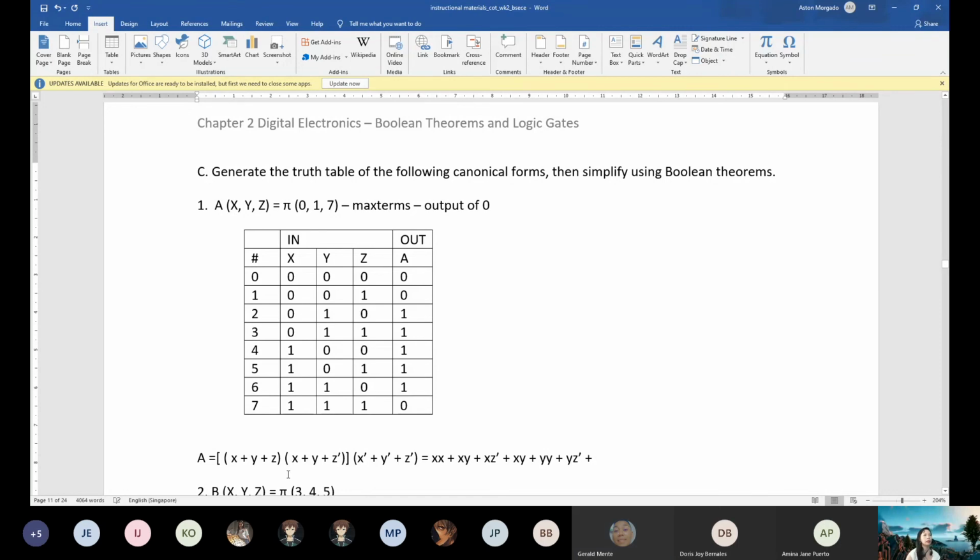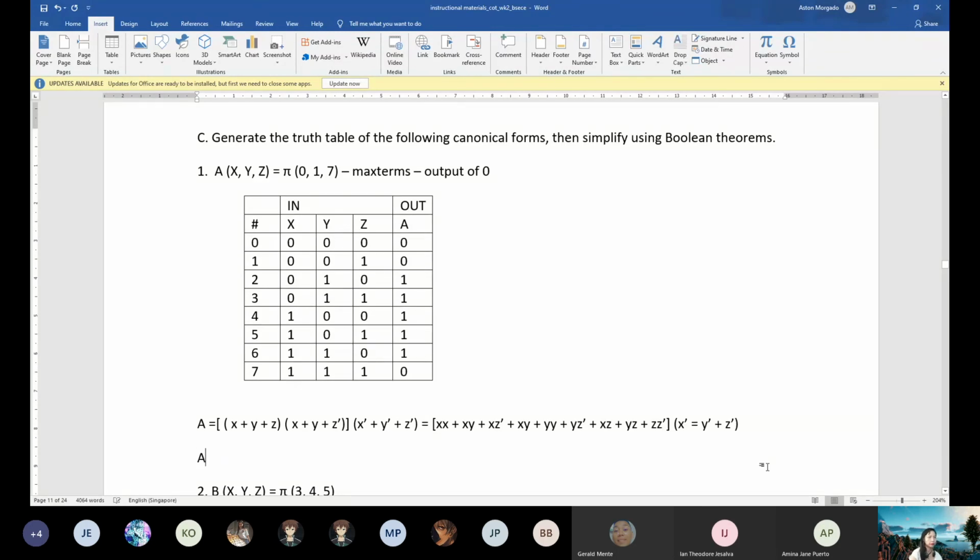Last, distribute z: we have xz plus yz plus zz prime. So na-distribute na natin. Then copy lang natin yung third term, x prime plus y prime plus z prime.